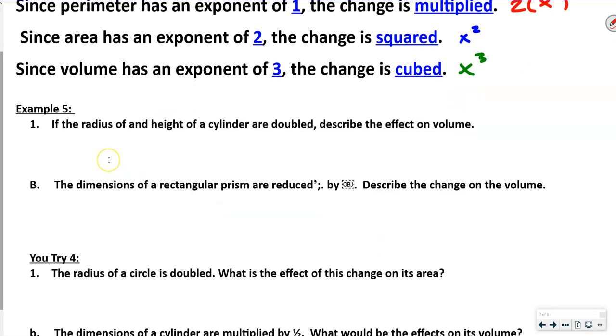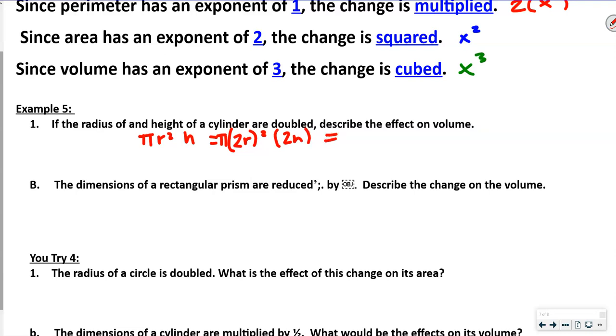So then this first one says, if the radius and height of a cylinder are doubled, describe the effect on the volume. So we're going to talk this through. We got a cylinder, right? So that's pi r squared h. So if we were to double both the height and the radius, that means we're going to do pi, 2r squared, and then 2h, we're doubling both, right?